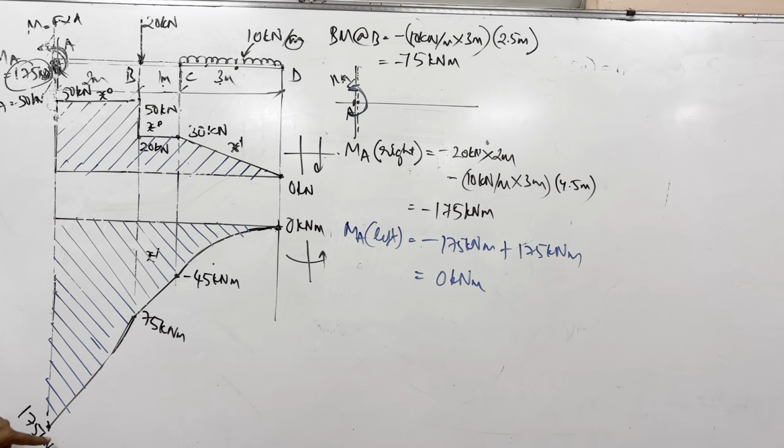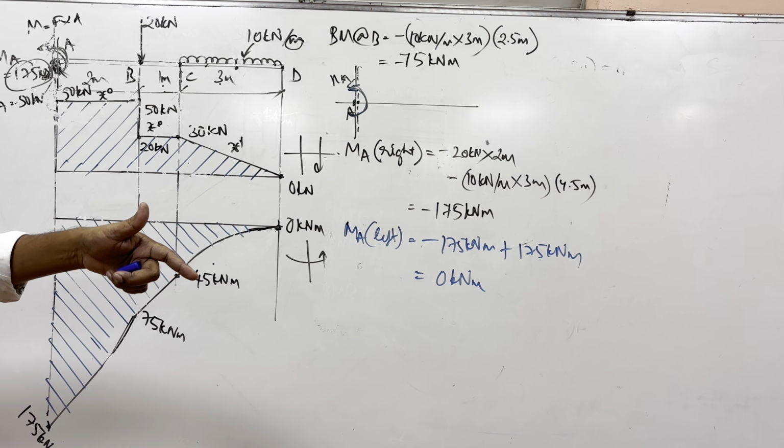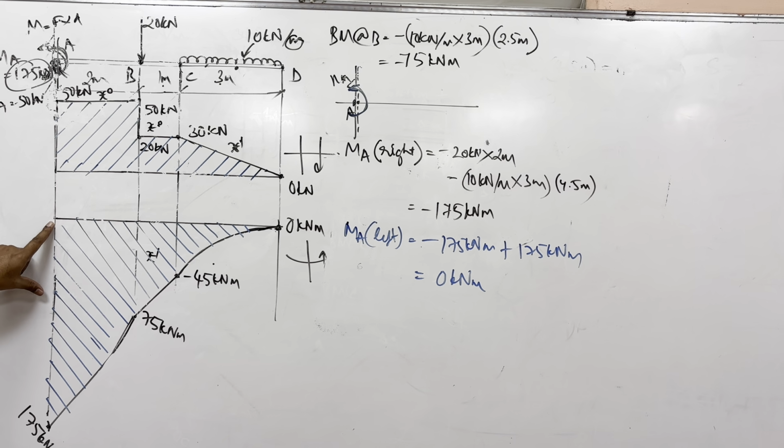It is also the same case with the branches of trees. Branches of a tree don't fail somewhere; they usually fail where they are fixed onto the stem. So it is very critical. It finally becomes 0 kilonewton meter. This is how you need to solve a cantilever beam.